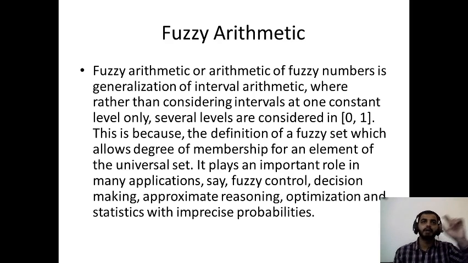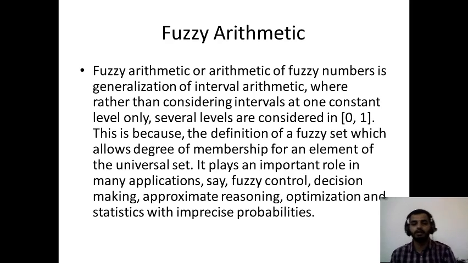This is in comparison to the crisp value, where you will have the value either 0 or 1. But when you consider fuzzy things, the value will be 0, 1 or in the interval between 0 and 1. What is the interval between 0 and 1? 0.1, 0.2, 0.5 as we have seen.